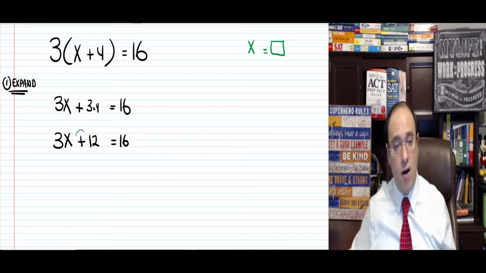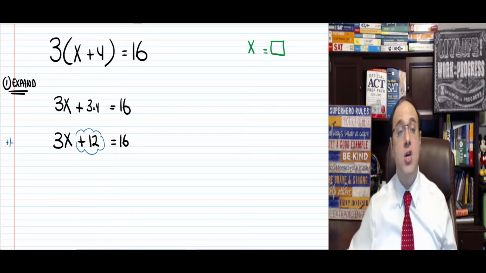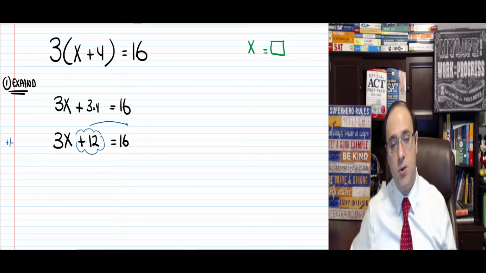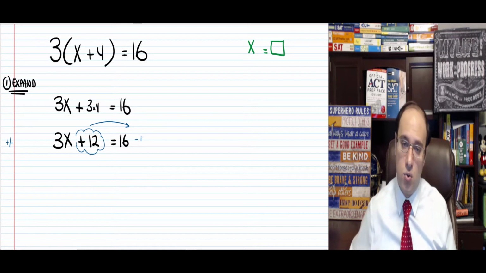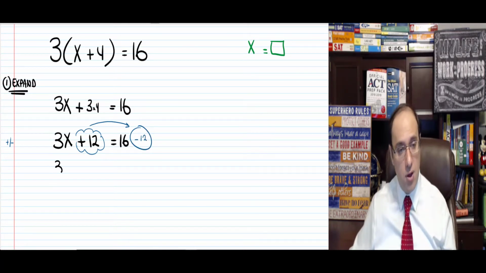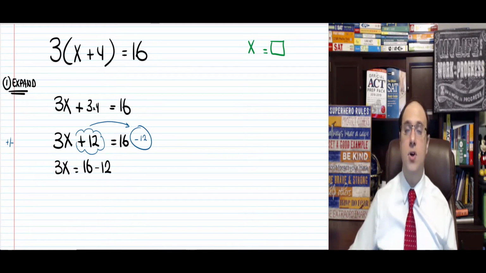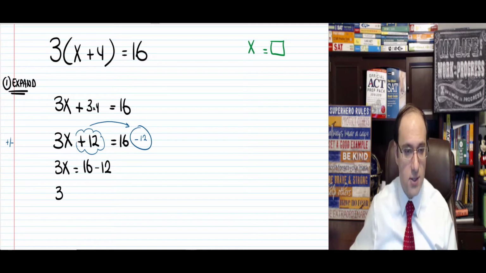I need to get rid of the pluses or minuses first. Remember, we said always get rid of the plus or minus first. So the plus 12 goes to the other side as minus 12. Good. Rewrite. Always write every step. 3x equals 16 minus 12. Super. That means 3x equals 4.